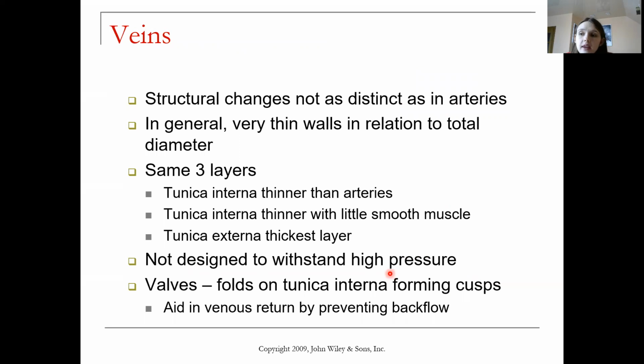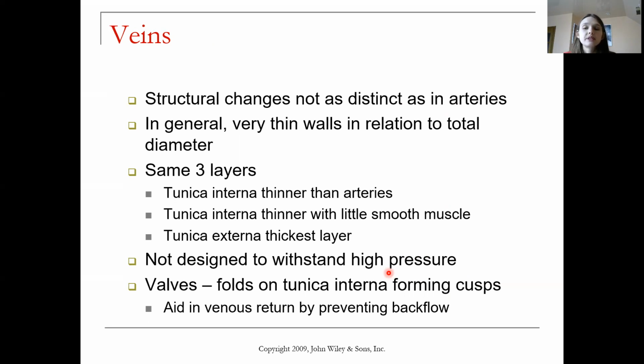So after the capillary network, the blood will flow to the venous system. Veins, first of all, let us discuss the general structure. They are to some extent different from the structure of the arteries. In general, they have very thin walls in relation to the total diameter.